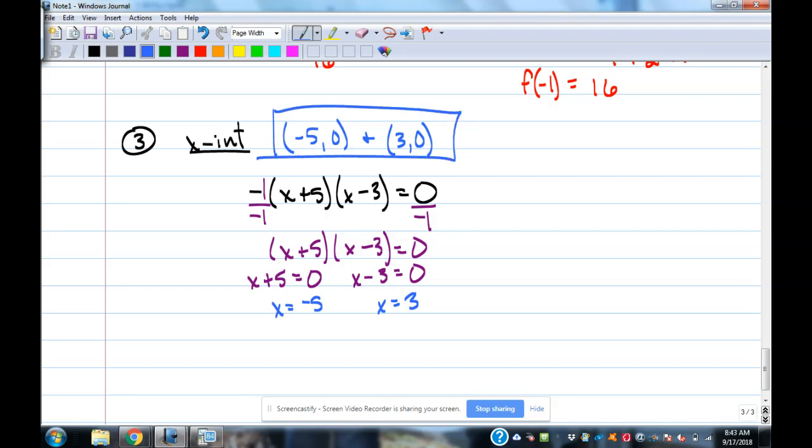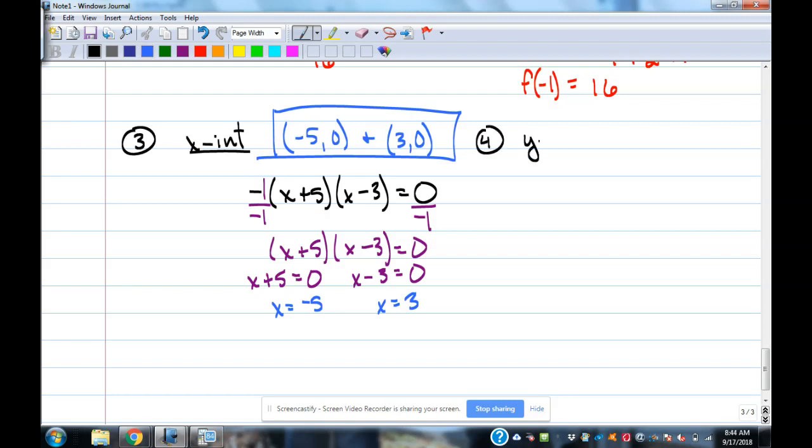That means this graph, remember it opens down, it's going to come down from the vertex at -1, 16. It's going to come down from there, and it's going to hit the x-axis at -5 and at +3. That's what's going to happen to this graph. Okay? What's next?